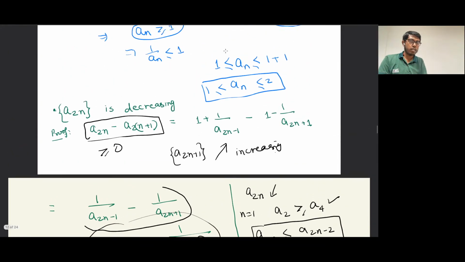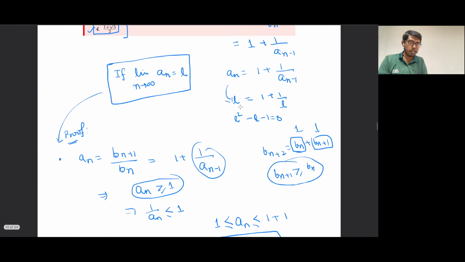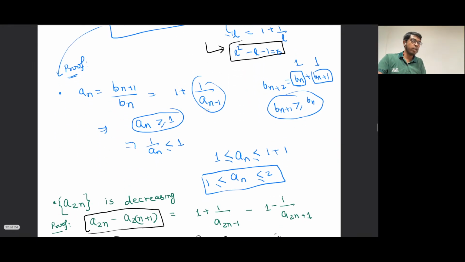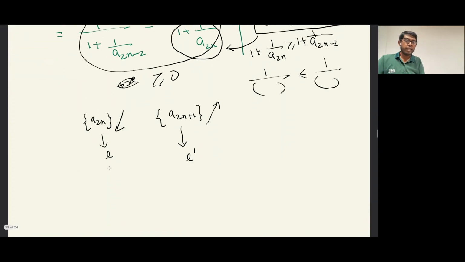but both satisfy the same equation, the one that I wrote in the beginning, this. So both subsequences, the even subsequence and the odd subsequence, both satisfy this equation, the limit. And hence this is equal to 1 plus root 5 by 2, and this is also 1 plus root 5 by 2.